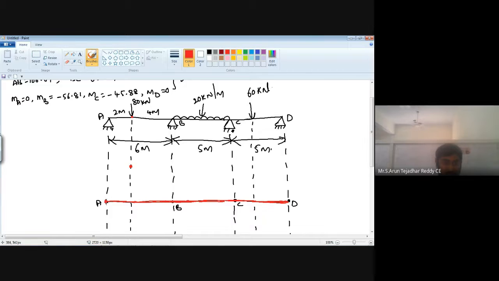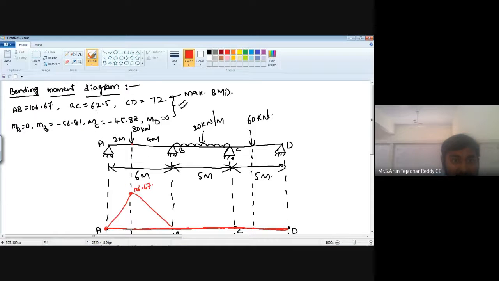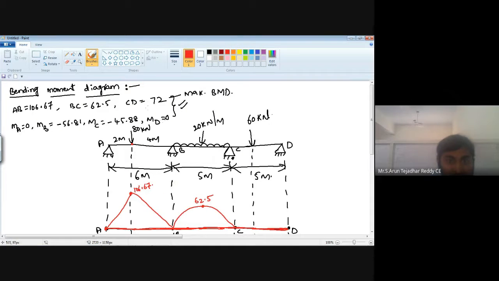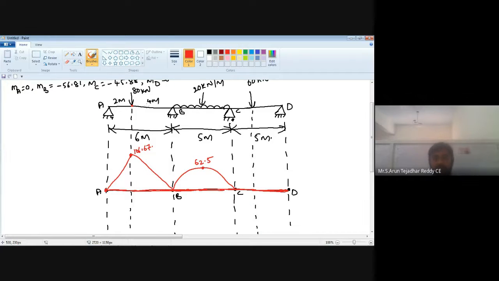It is 0. Now join the points. This is our 106.67. Next, BC 62.5, and it is a uniformly distributed load, so the maximum bending moment diagram shape is parabolic. So here it is 62.5. Okay. Next, CD is 72. So your load is acting at this point, so somewhere here we'll get your maximum.